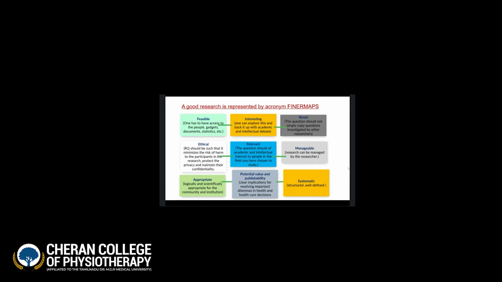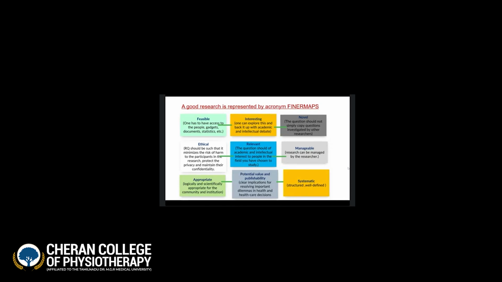Sometimes PhD students are not doing the research but finally just submit it. That is not going to help our field or give us any intellectual or academic knowledge to explore and improve our field. So it should always be logical and scientifically appropriate.